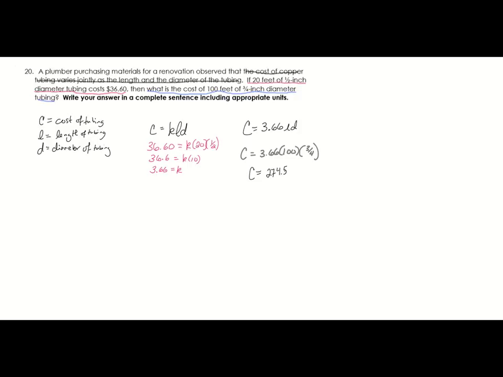So now I can say that the cost of 100 feet of 3/4 inch tubing is $274.50. And I've completed the problem.